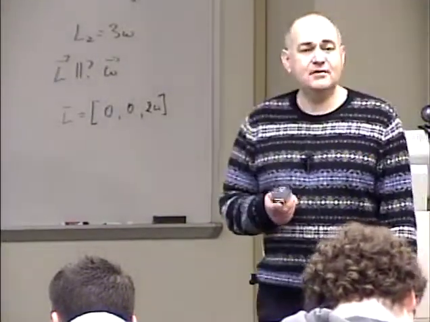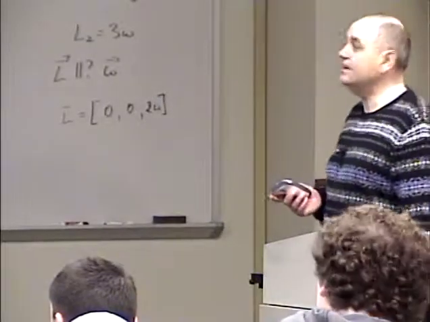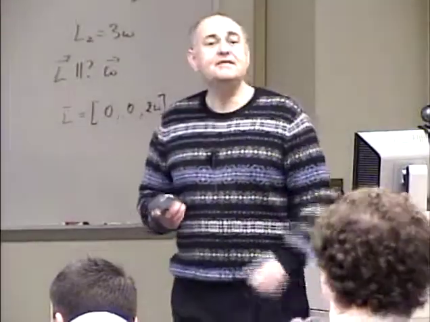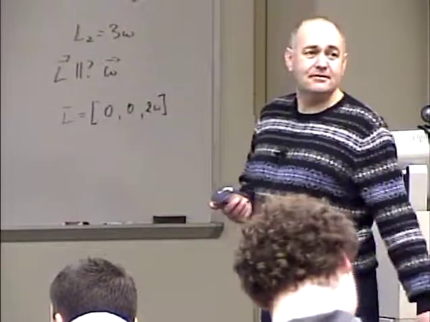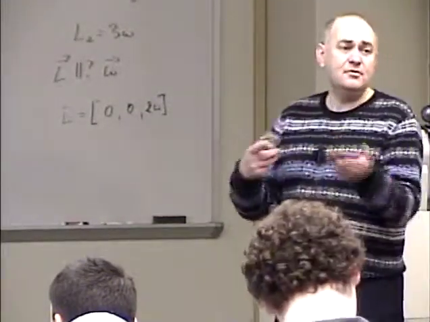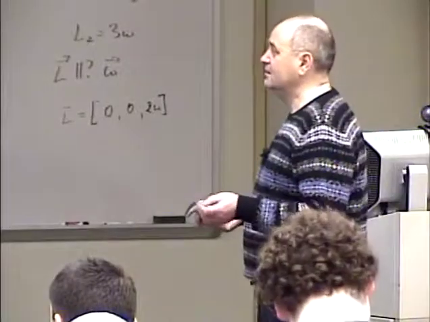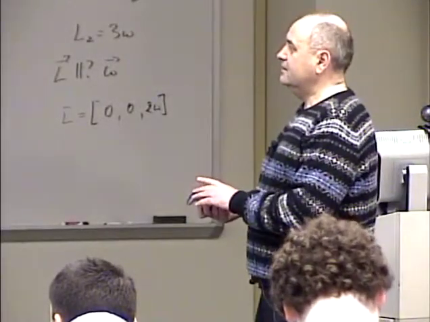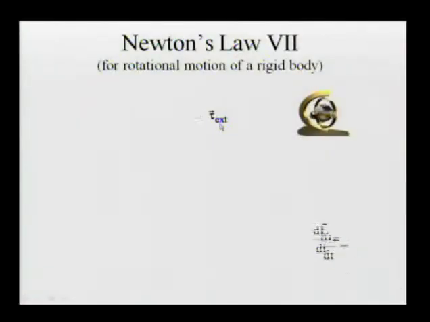Now we can think about the next version of Newton's second law, which will relate angular velocity with torque. We will do it exactly as I said. External torque is equal to the rate of change of angular momentum.